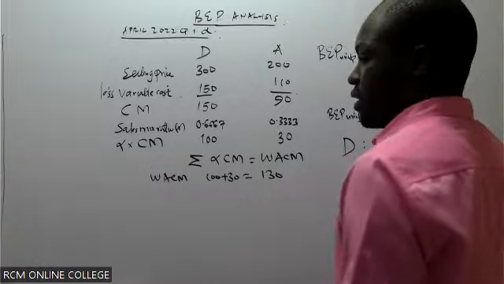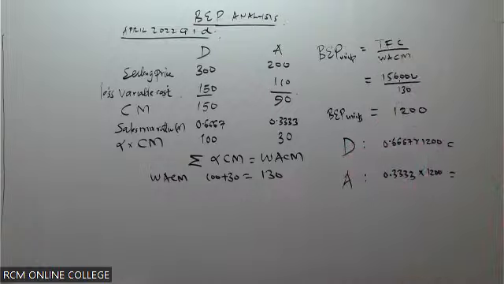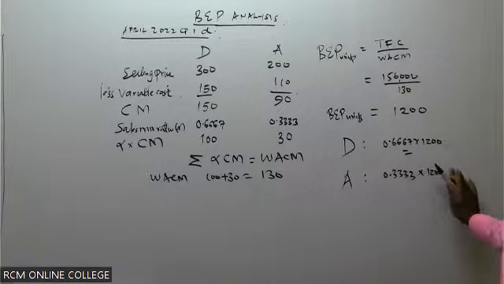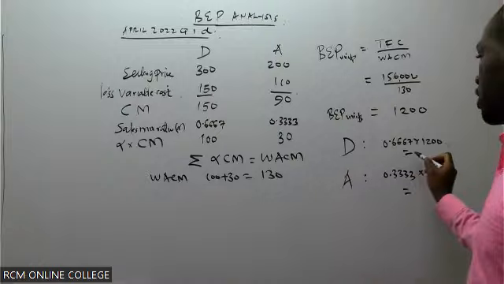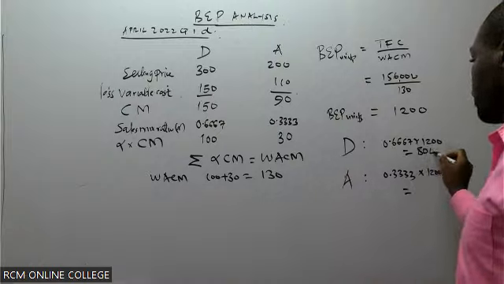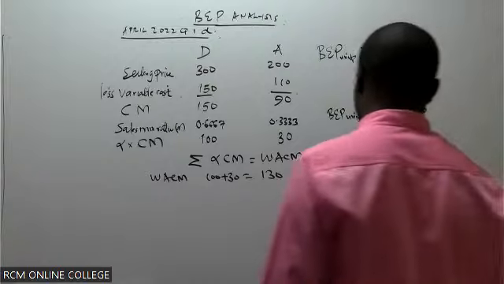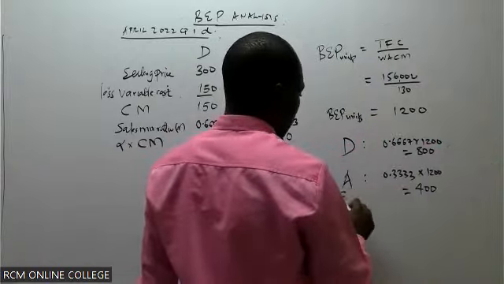What are we going to have there as the share? I'm told D will be having 800 and A will be having 400.